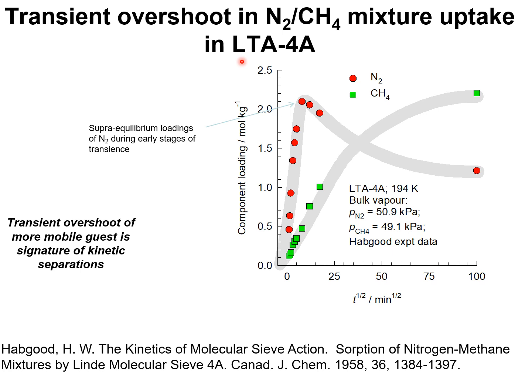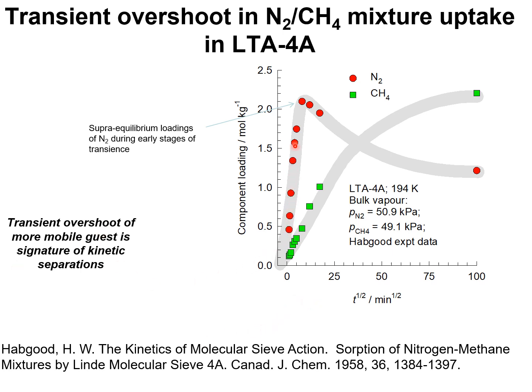Let's demonstrate the suitability of using LTA 4A zeolite for kinetically driven separations of nitrogen-methane mixtures. We consider the experimental data published by Habgood in 1958 for transient uptake of nitrogen and methane in 4A zeolite at 194 Kelvin from a 50-50 bulk gas mixture.